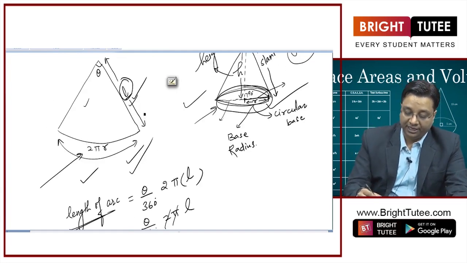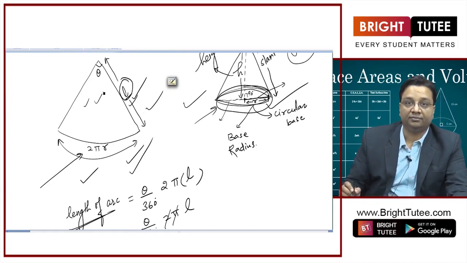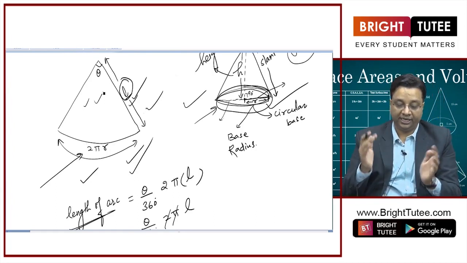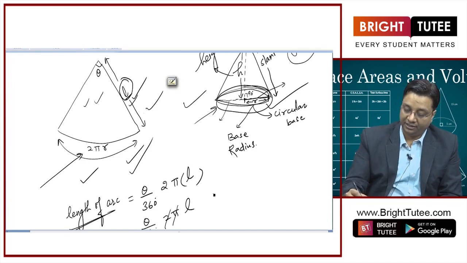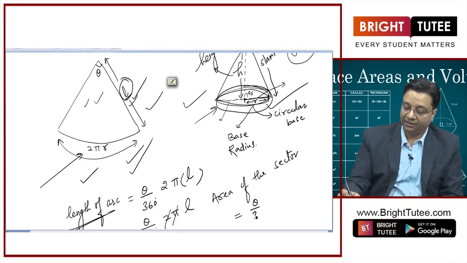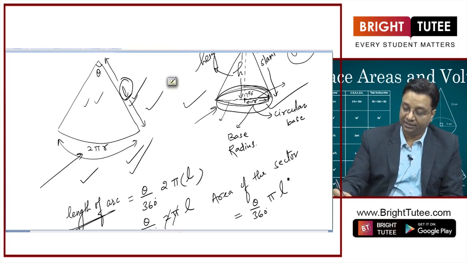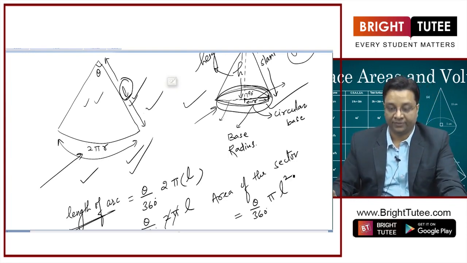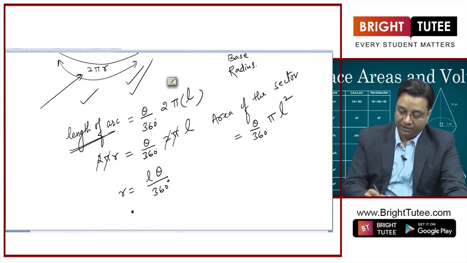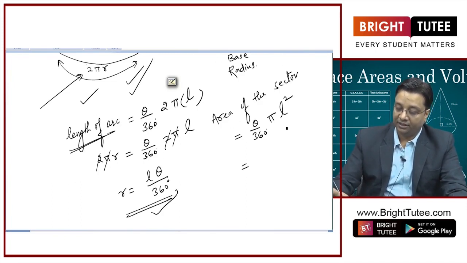Now, if I want the area, what is the area of this sector? The area of the sector is theta by 360 times pi radius square. Radius in this case is L, so pi L square. Now, let us use this to calculate the area of the sector.